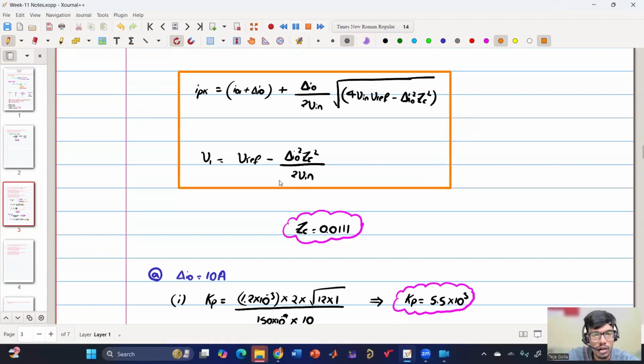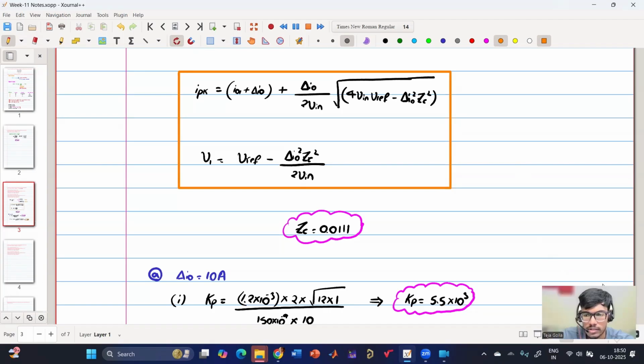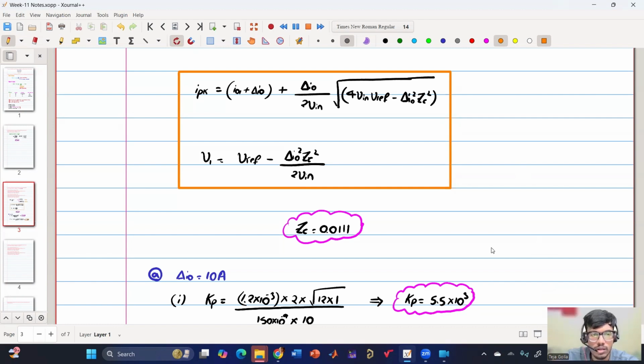Now you can calculate V1, which gives the undershoot, how much dip we will see in the voltage. Once you calculate, let me know what value you are getting. I got 0.999. Yes, sir. Arun and Riddhi, are you also getting the same?